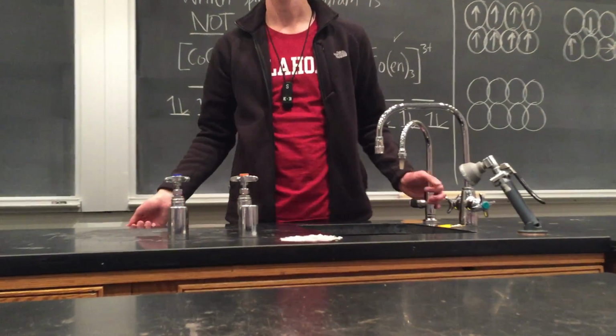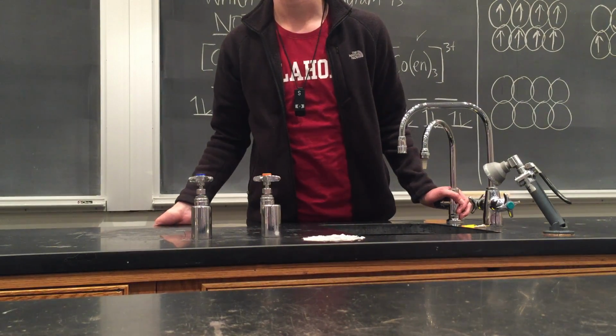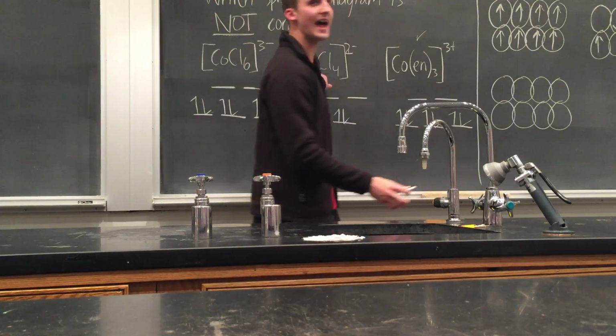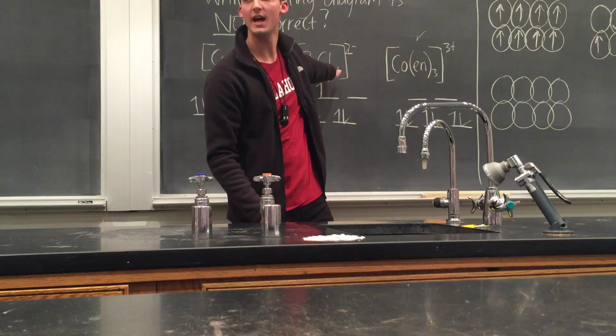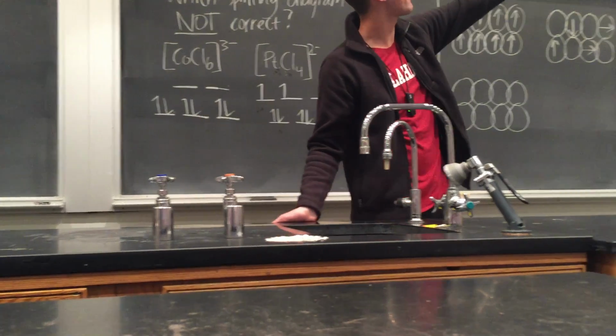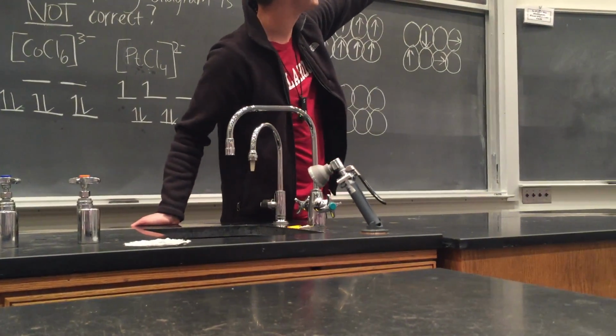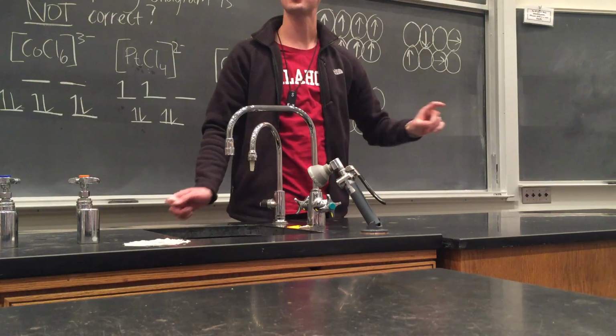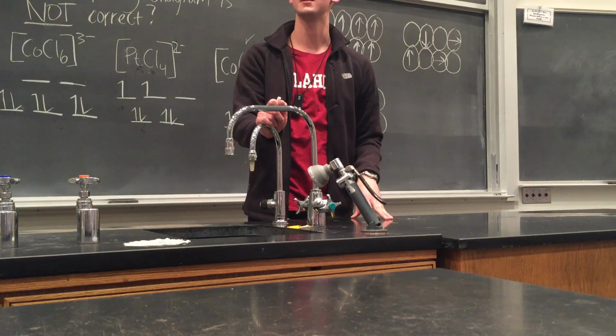How do you know how many electrons are on the metal? So you look at the ion. So in this case, platinum, this should be a platinum 2+. So what you do is you jump over to the periodic table and find Pt. It's number 78. And you have to find what the electron configuration of platinum normally is.